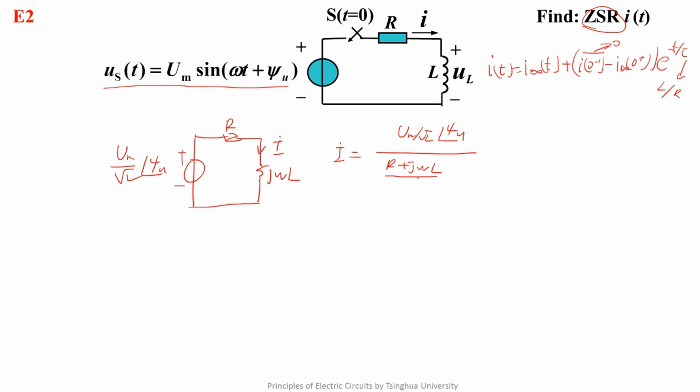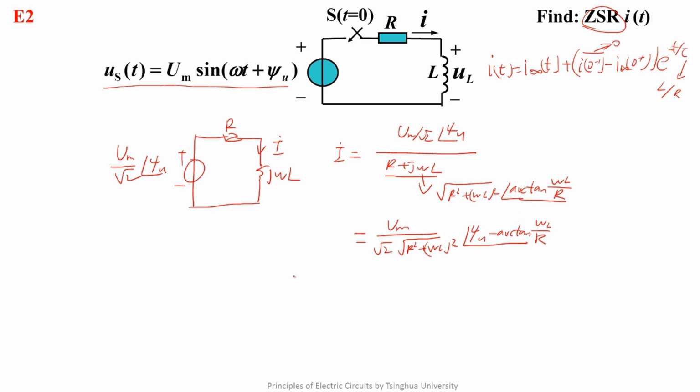We can transfer the denominator into the modular and the phase form like this. So the equation is this. With the solution of phasor, we can easily write its time domain expression.